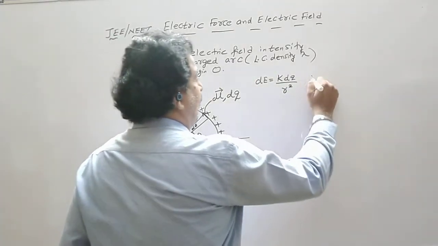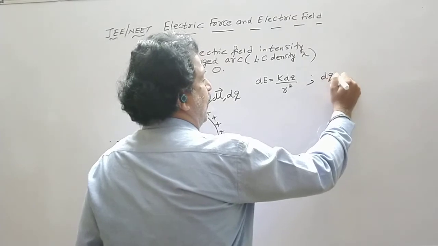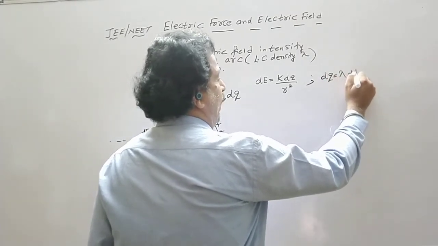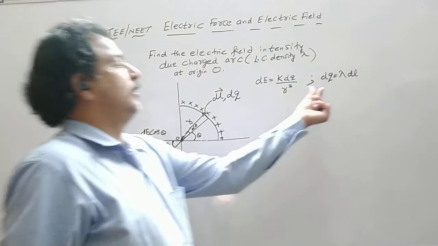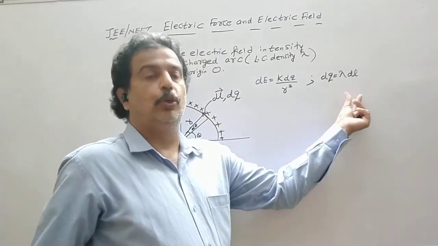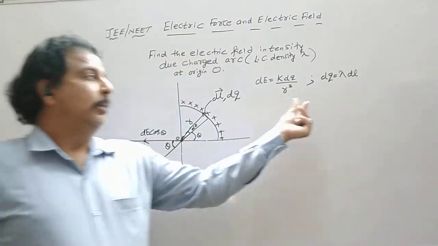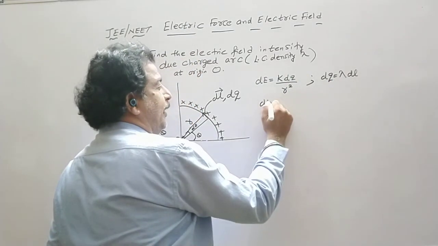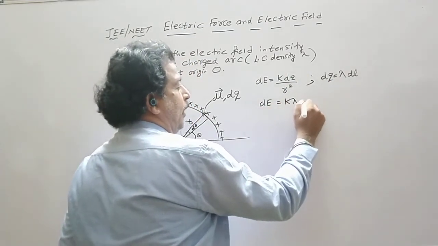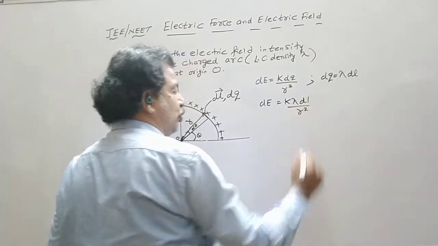Also, when required, we can write dQ is equal to lambda dL. That is the definition of the charge, lambda into dL. Now if I substitute here, dE is equal to K lambda dL upon R square.